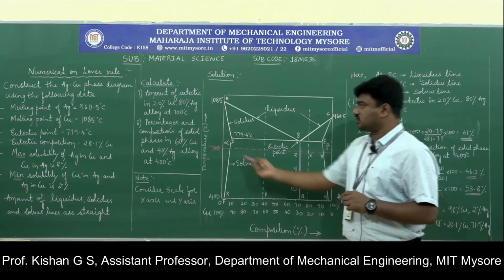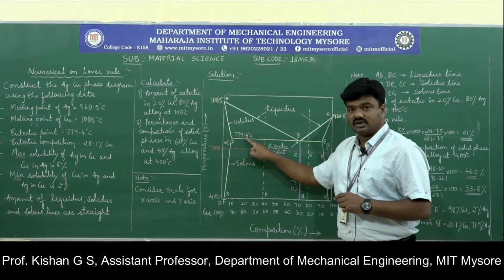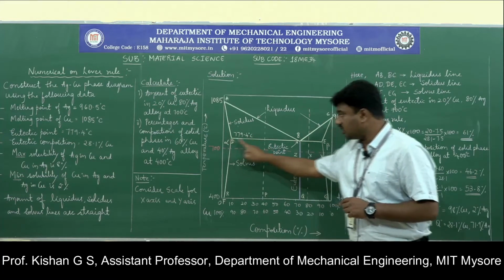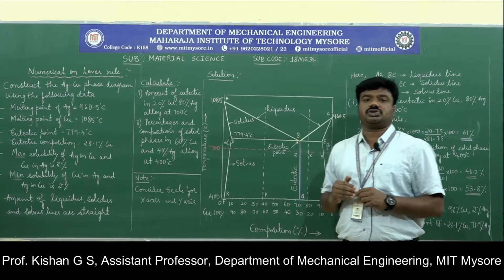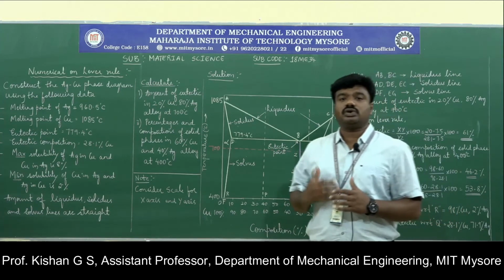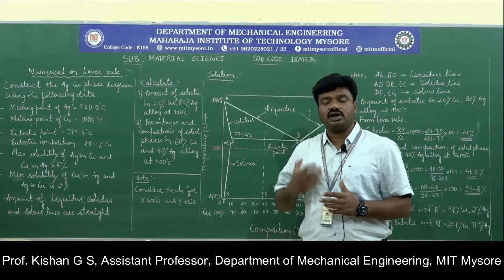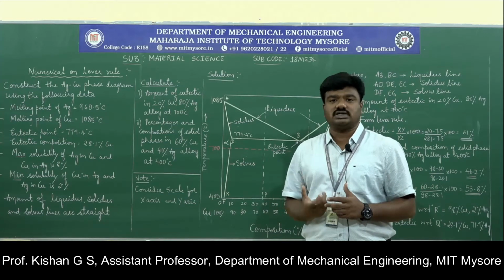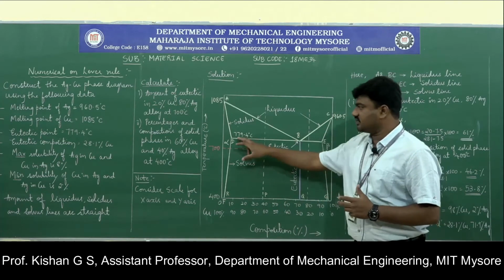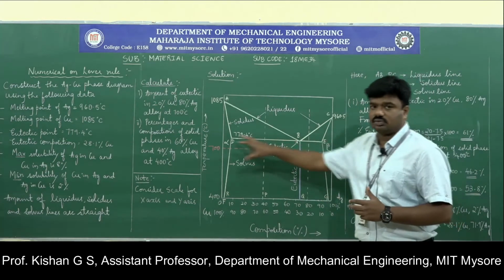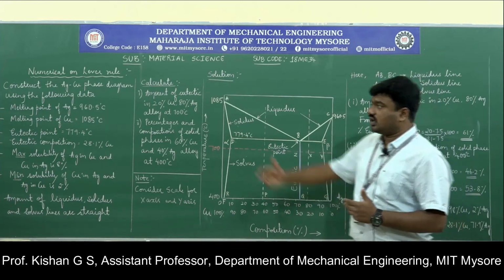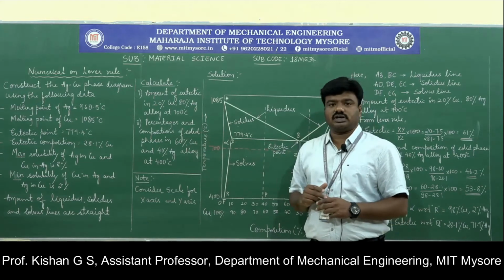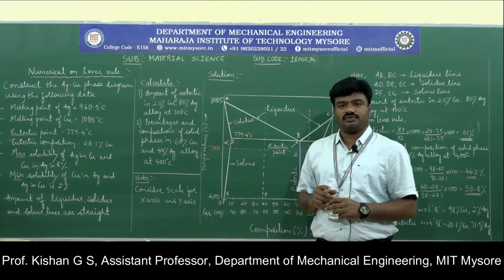With respect to 779.4 degrees Celsius, I have to draw the horizontal line so that this temperature represents the eutectic system, where the eutectic is resultant. Then I have the eutectic composition given, that is 28.1 percent copper.